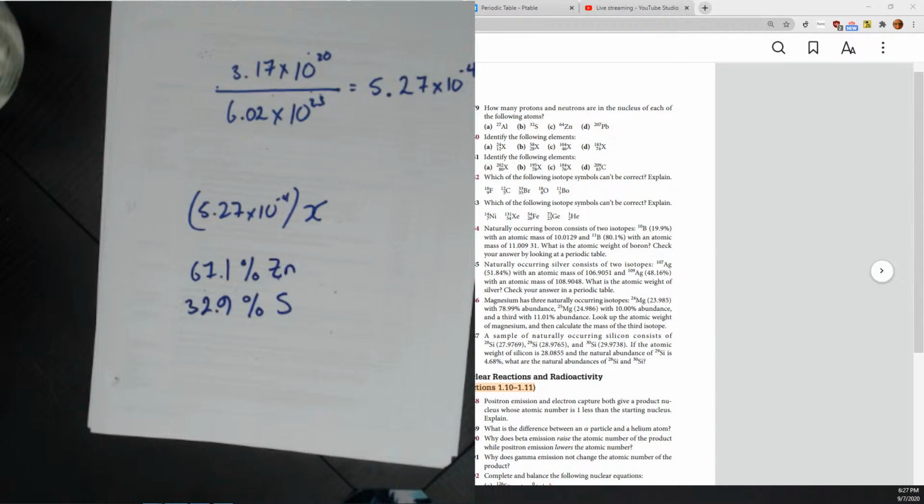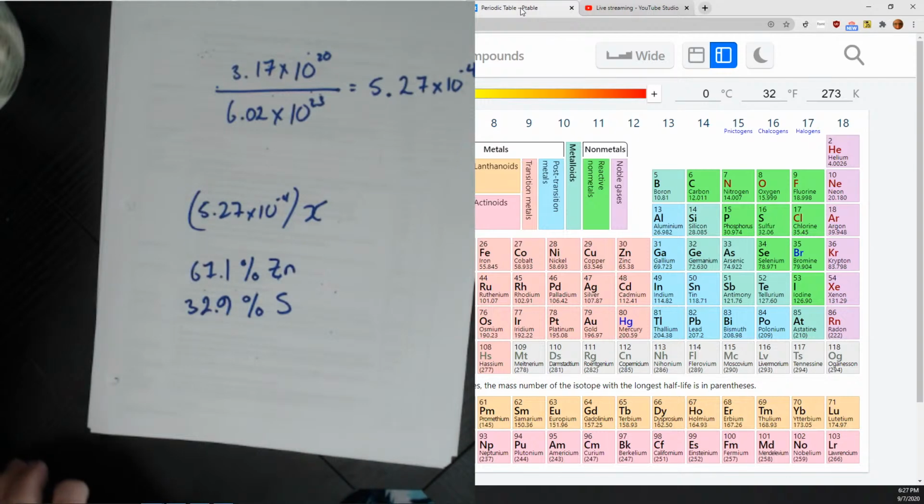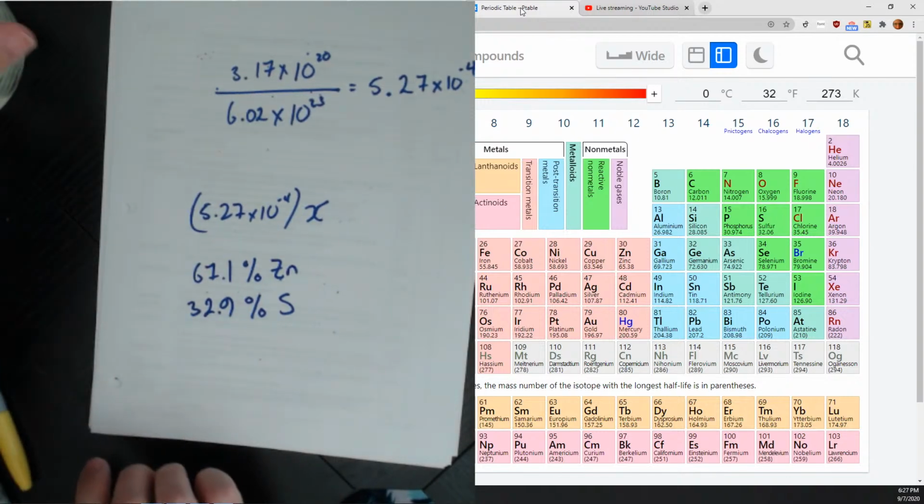What is a good way to solve this that you guys would know how to do? Well, let's just dive right in. They kind of made that easy. Because you look on the periodic table, what do you see? Oh, that guy's yellow.